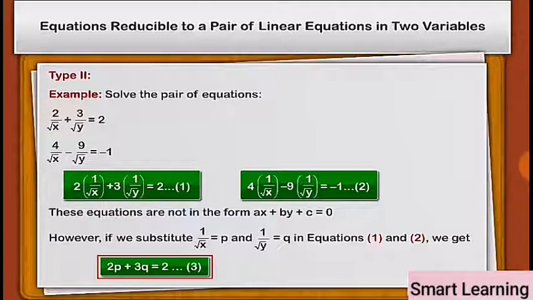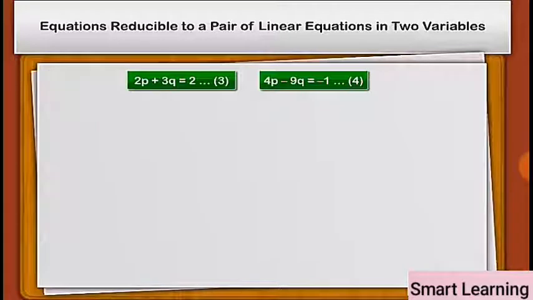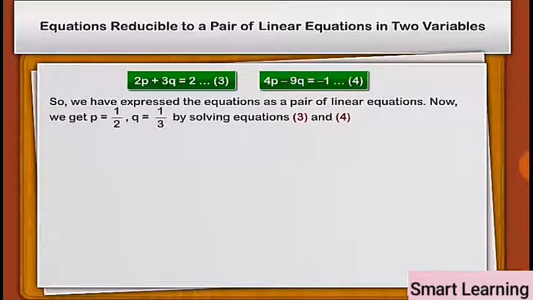This is now equation 3. 4p minus 9q is equal to minus 1. This is now equation 4. So, we have expressed the equations as a pair of linear equations. Now, we get p is equal to 1 upon 2, q is equal to 1 upon 3 by solving equations 3 and 4.